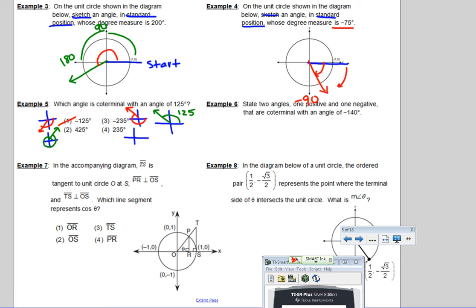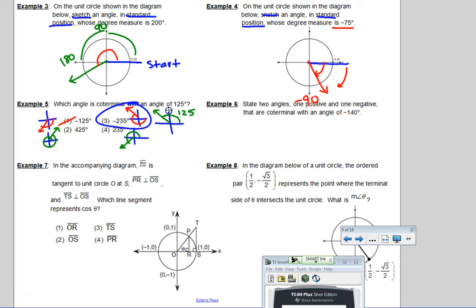And we could actually figure out the gap and make sure this is correct, but just to be safe, 235 is forward. So that's 180, and 235 will land somewhere here. So definitely the one that matches the angle is this one. Those two are coterminal. They land in the same spot.